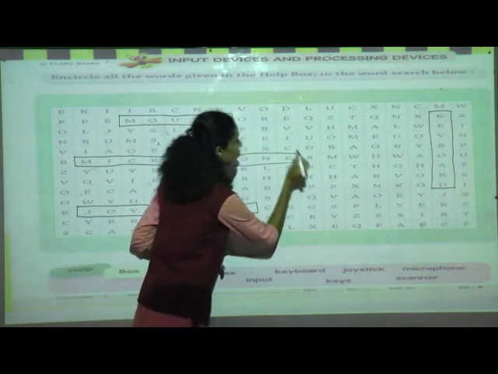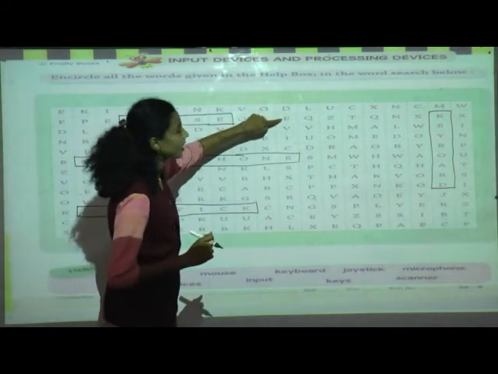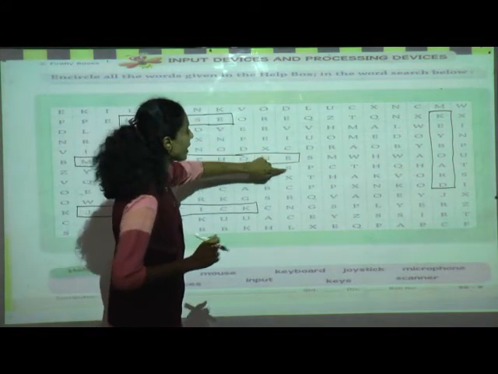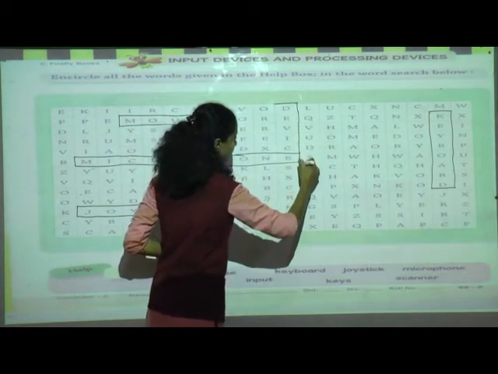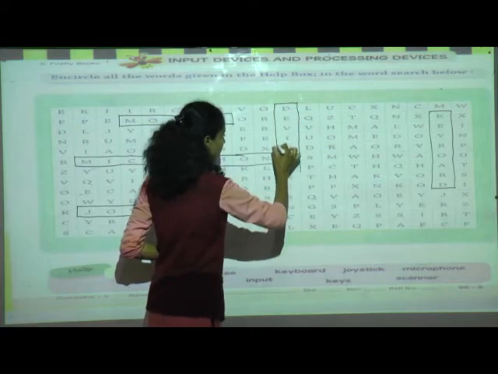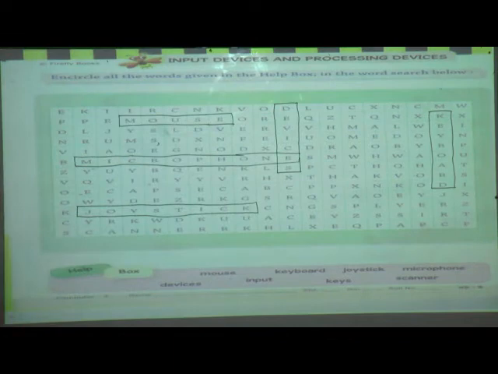M-I-C-R-O-P-H-O-N-E, microphone. Next is devices. D-E-V-I-C-E-S, devices. Here is the spelling of devices. Next is input. Where can we see the spelling of input?